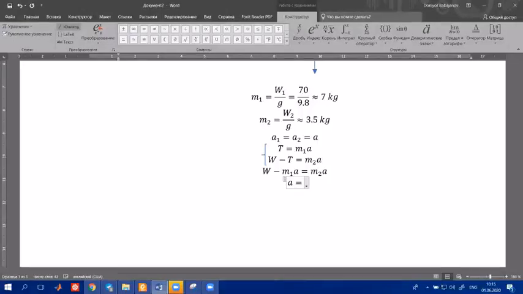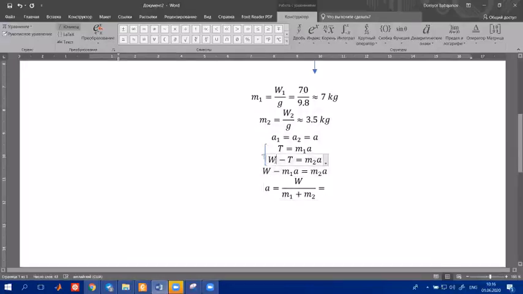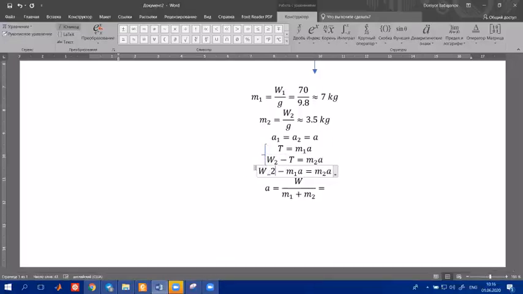Acceleration will be W divided by m1 plus m2. W is 35. This is actually W2 because we wrote it for the second body, because it comes from the second equation, and the second equation is for the second body.